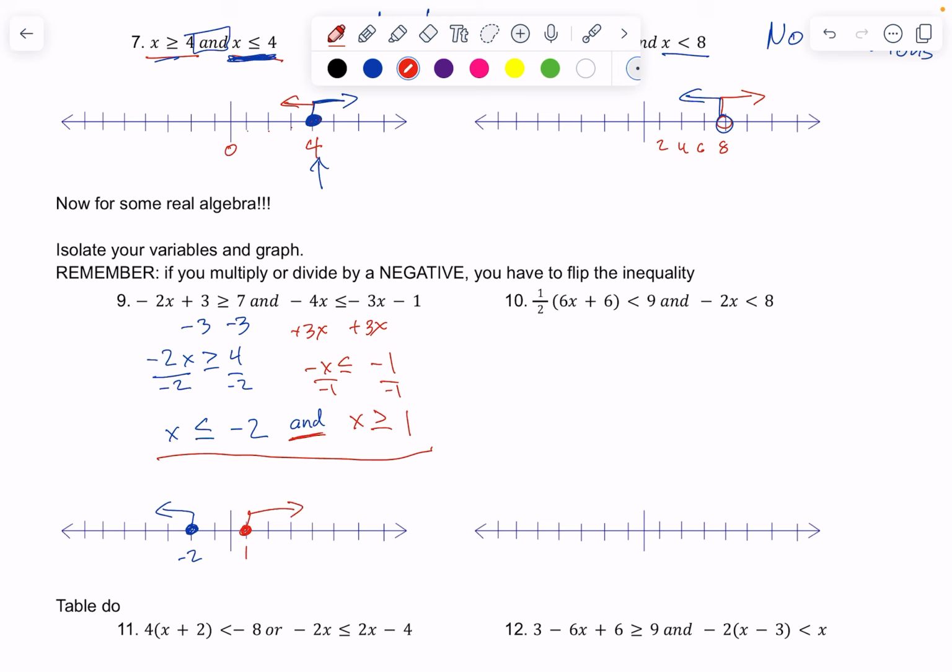Given that this is an AND, is there any number that satisfies both of these? There's no number that makes both happy. One might be happy, but the other one's going to be sad. So, in doing so, there is no solution.